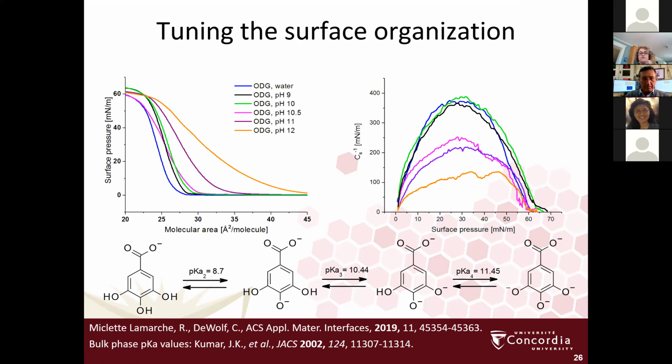At pH 9 and above, we see shifts to higher molecular areas, as you might expect with some charge repulsion, and two distinct regimes forming. You see that in the compressibility: a distinct regime for pH 10 and below, and then a distinct regime for anything above pH 10. We'll go through what we think is going on here.